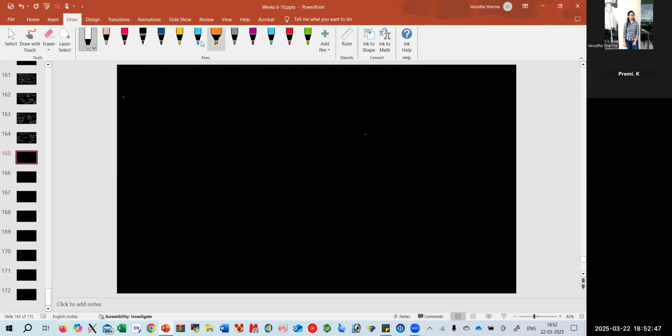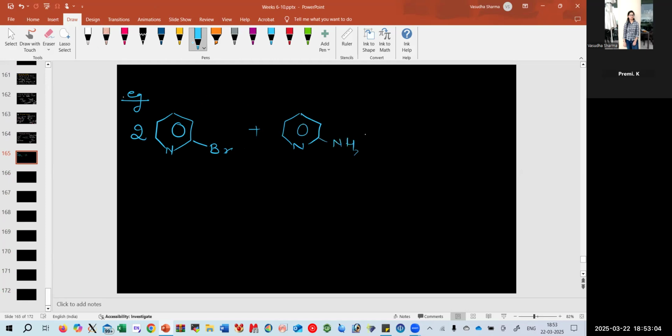Some other example that we can consider. You have ortho-bromopyridine, and two molecules are taken, and you have ortho-methylpyridine. Now this is your amine substituent and this is your aryl substituent.